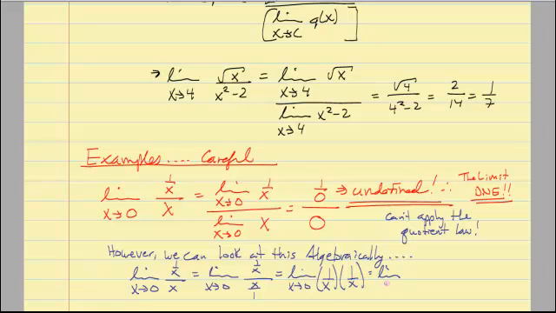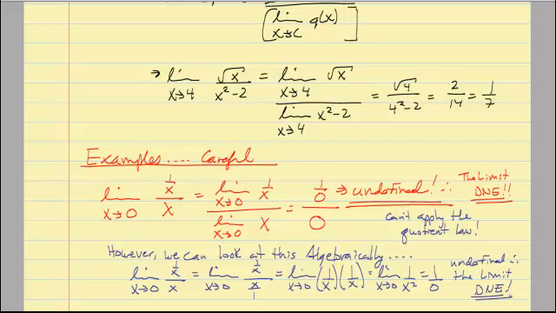So this leaves me with the limit as x approaches 0 of 1 over x squared. Well, if I plug 0 directly in, I get 1 over 0, which is undefined. Therefore, the limit does not exist. So that's the correct solution here.